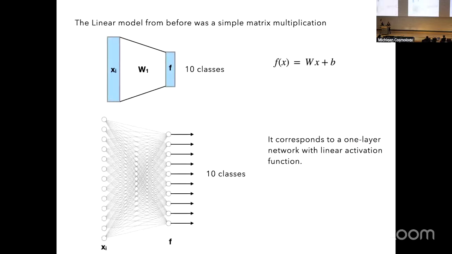Okay, so now I can represent my linear model, instead of a vector input, a matrix, and a vector output, as a bunch of neurons that are connected with the neurons of the next layer. Here I have 10 classes for CIFAR, so it's going to be 10 neurons, and they're all connected by a bunch of weights. Every line is a weight in that matrix multiplication.